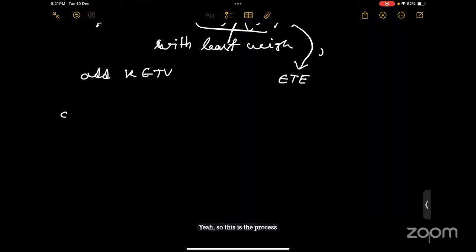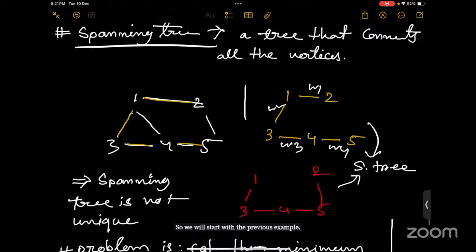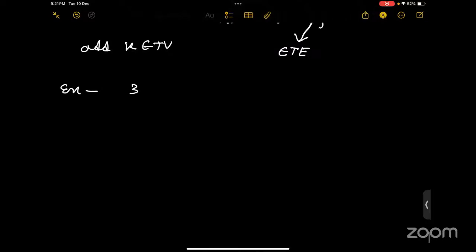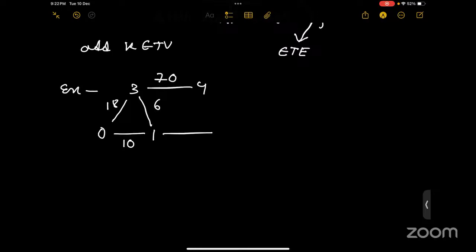Let us now just solve. We will start with the previous example. Okay, so this is our example.